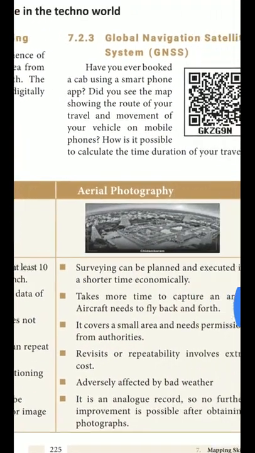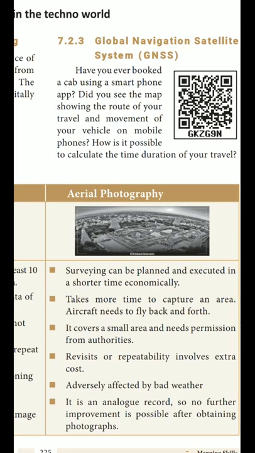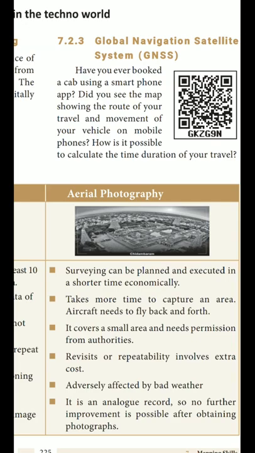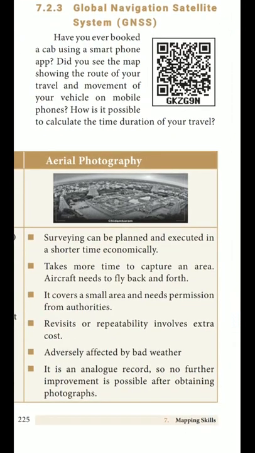Next one, aerial photography. What do you know about this? Aerial photography. Here surveying can be planned and executed in a shorter time economically. Takes more time to capture an area.